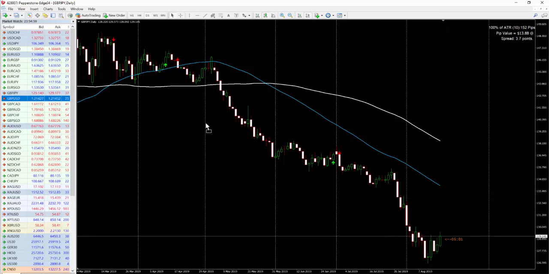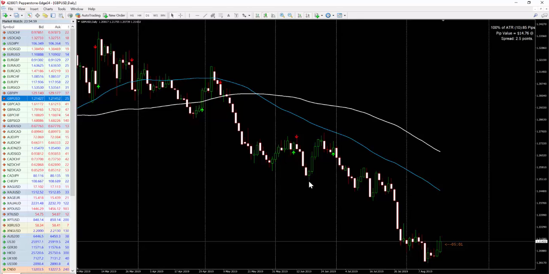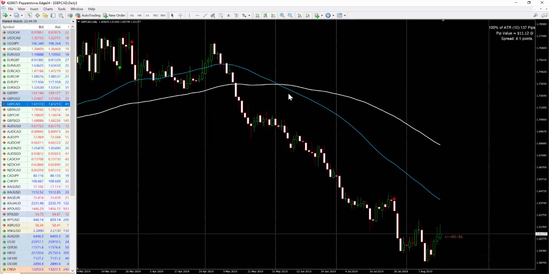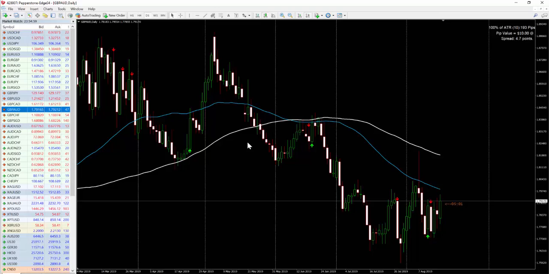GBPUSD, this is the same, a little bit more obvious moves. The fluctuations are a little bit bigger, but that's the same thing. All the GBP pairs are almost the same. You see, all of them are going down. Even GBPAUD is going down, though Australia is devaluing their currency much more than any other currency.